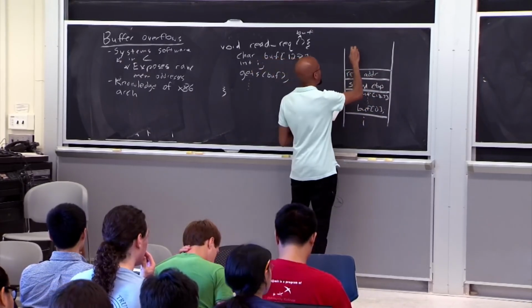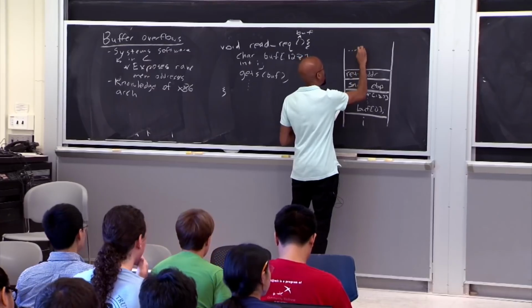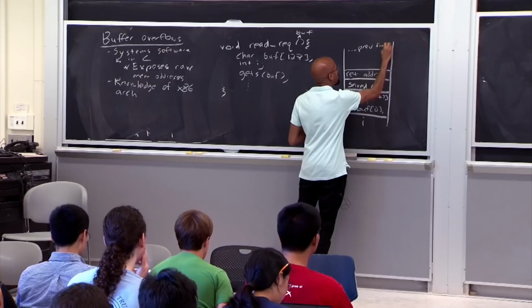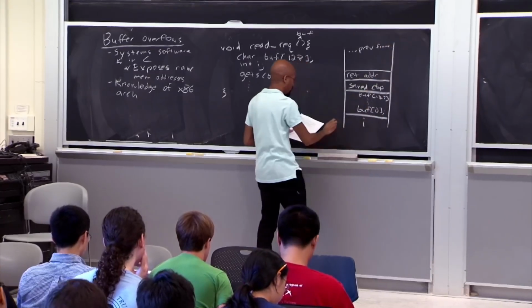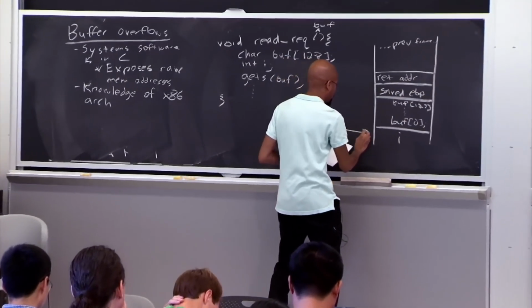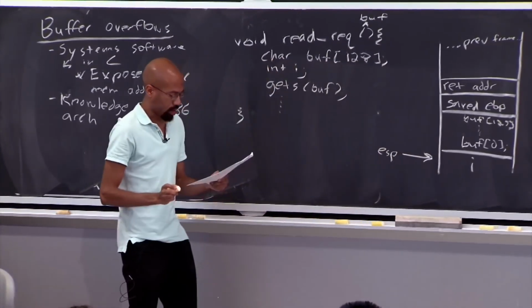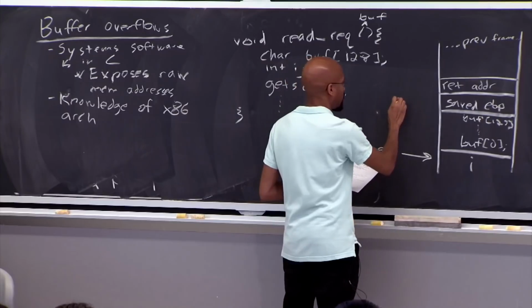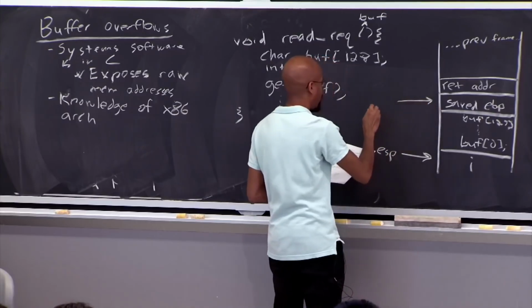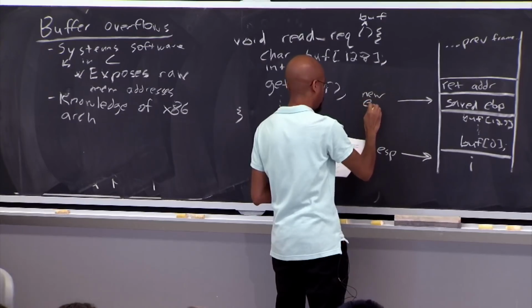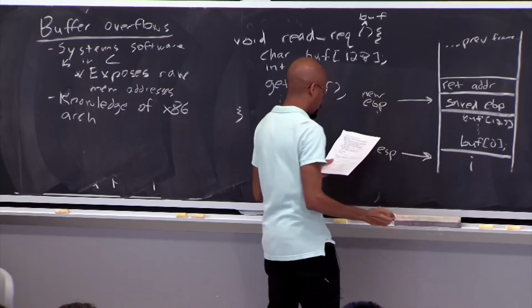And then we've got some other stuff from the previous frame. So don't forget, we've got the stack pointer, which goes there. And then we've got the new break pointer, which goes here.